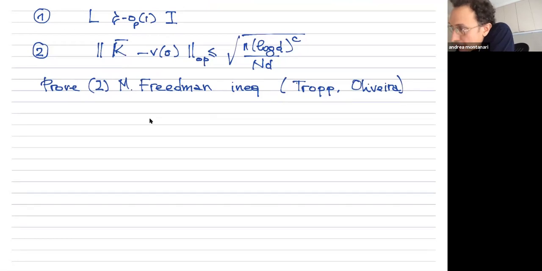So what is the martingale? Now this matrix is easy to deal with.